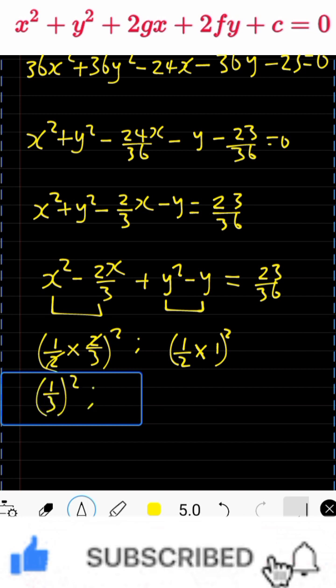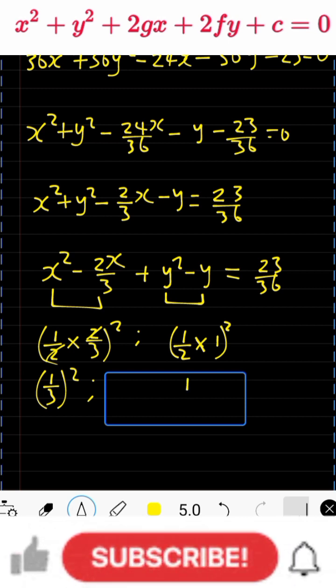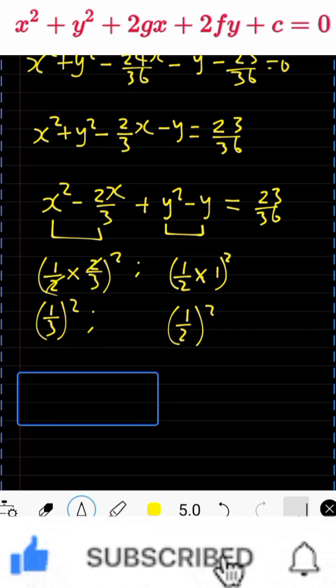Then this is what we are going to add to the expression in terms of x, and then 1 over 2 squared. So the two terms are going to be added to both sides. So let's do that now.